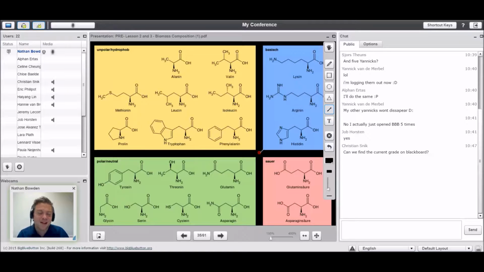I break them down slightly differently, by their structures. But this is a simple way of thinking about them. So we have two negatively charged side chains, three positively charged, and these are mostly uncharged, but not completely. Some of them are uncharged, but some of them still have charges, but less than these five. And some of them are hydrophobic, and some of them are polar, so they dissolve quite well in water.